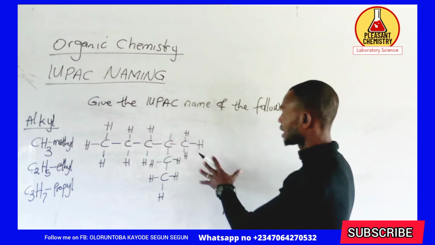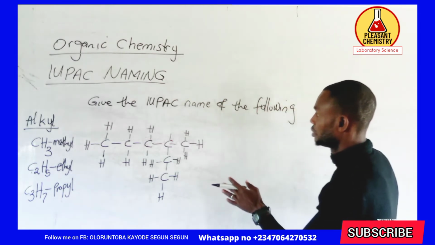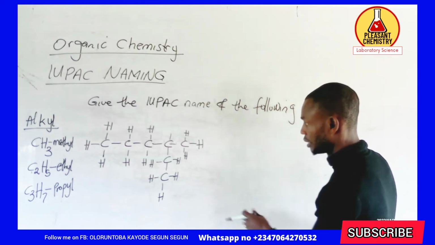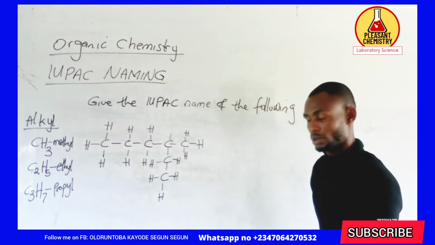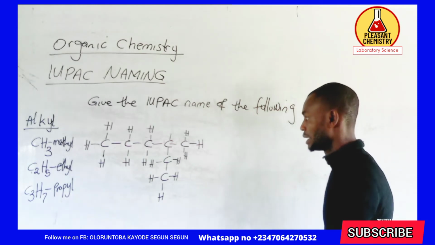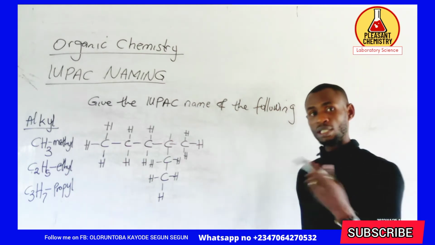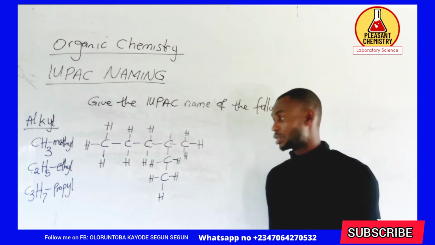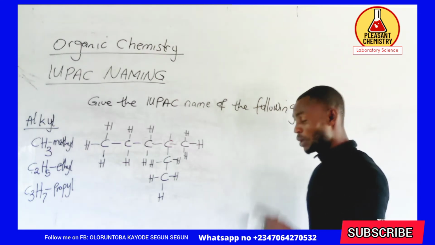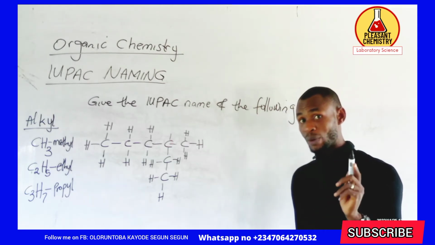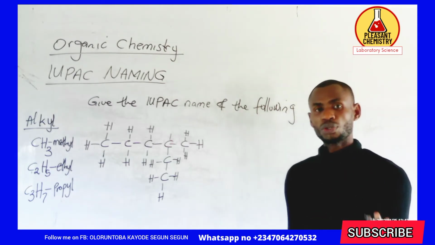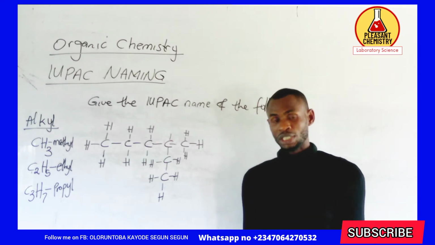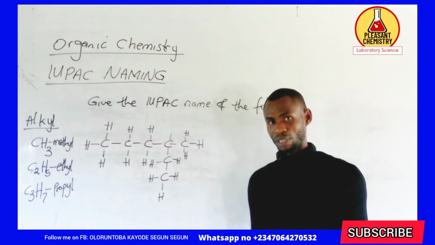Now let's consider this question. The question says, give the IUPAC name of the following. Now we want to name this compound, and in naming this compound, we'll be applying the rules that I gave us last week. So let's start. Whenever we want to name, rule number 1 says that you must firstly consider the longest carbon chain, which happens to be the parent carbon, the one that will bear the name of that compound.